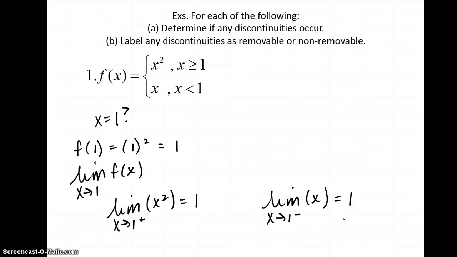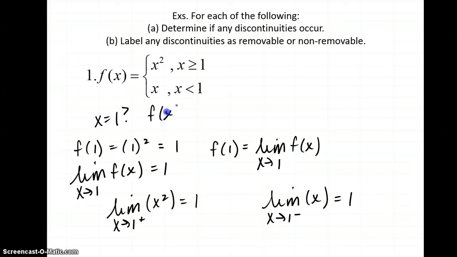Since the one-sided limits are equal, it tells us that the limit is equal to 1 as well. Since those values are the same number, then the function is continuous. So at x is equal to 1, no discontinuity. Continuous for all real numbers.